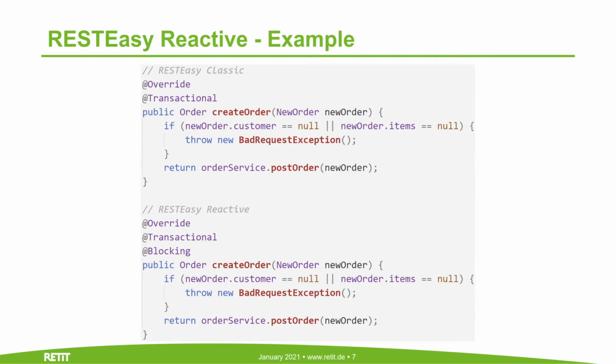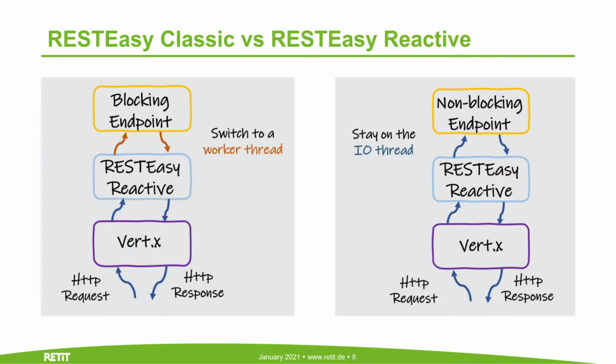So if we remember this dispatch mechanism I've mentioned before, where Quarkus will first handle its request on the IO thread and then dispatch it to a worker thread. For RESTEasy Reactive, instead of dispatching to a worker thread, the processing of the request would also happen on the IO thread.